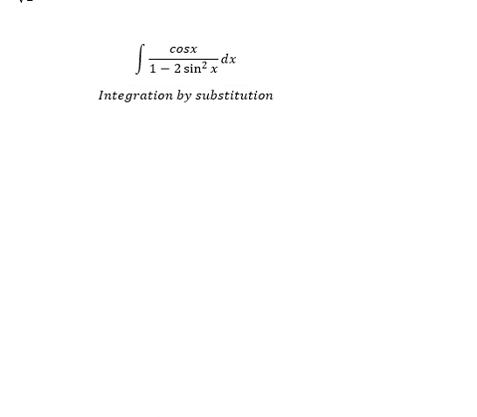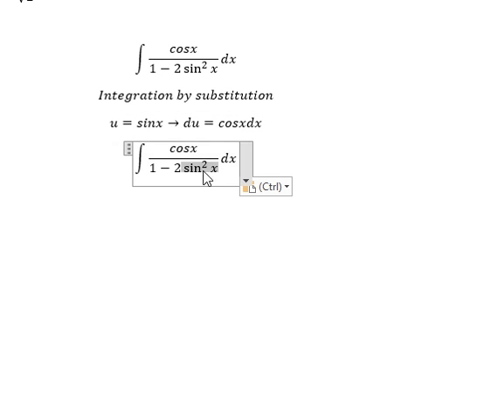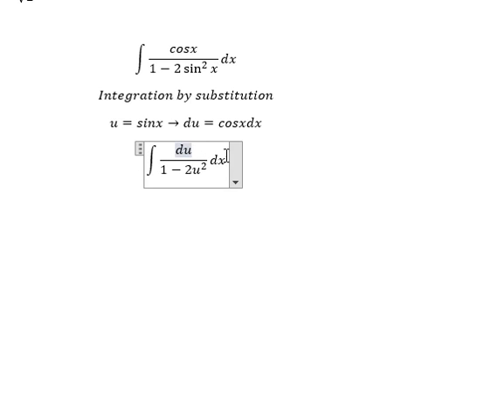So I will put u equals to sine x. Later that we need to do first the derivative for both sides, and we have cosine x dx. Next, we need to change sine x into u. Cosine x dx we change for du.